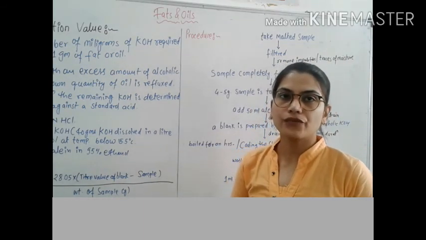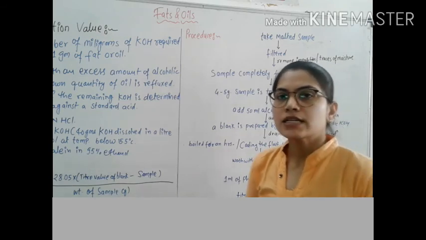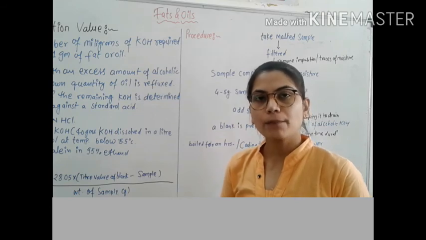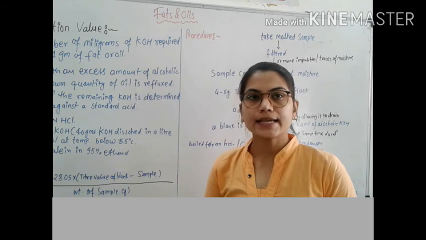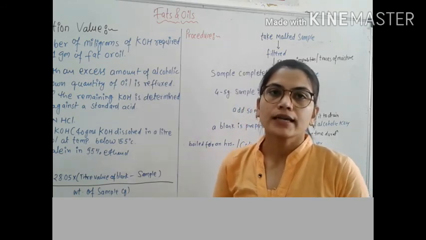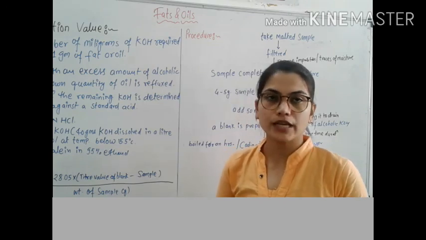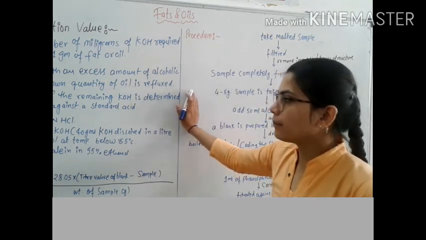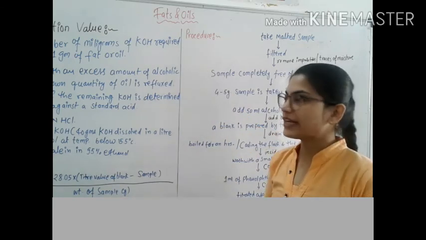The saponification value provides information regarding the average chain length of the acids present in the fat. The saponification value and the chain length of fatty acid are inversely proportional. That is, the higher the average chain length of fatty acids, the lower the saponification value. So this was the introduction, principle, material, procedure and determination of saponification value.